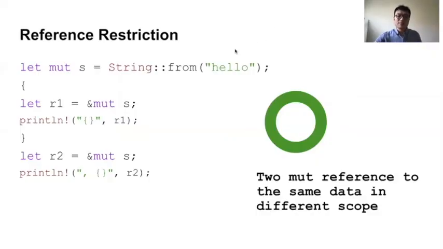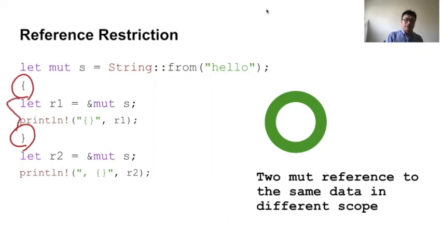This is a good question. Okay, so let me show you an example of how to use two different variables to refer to the same string by using the address reference. So in this example, you can see this is fine because of scope. If you want two different references to refer to the same string, you can use a scope.